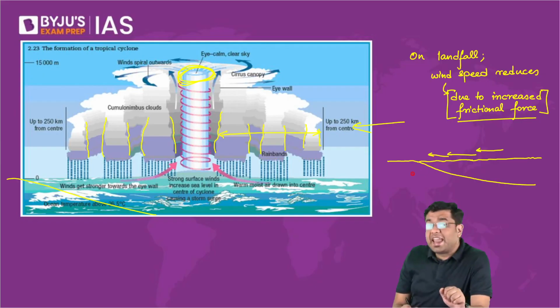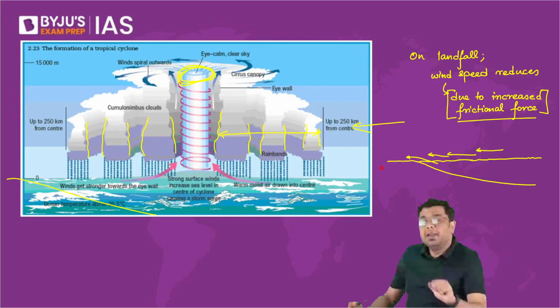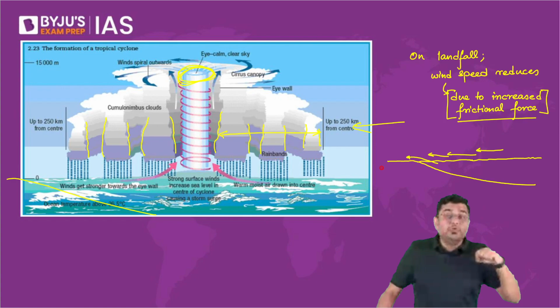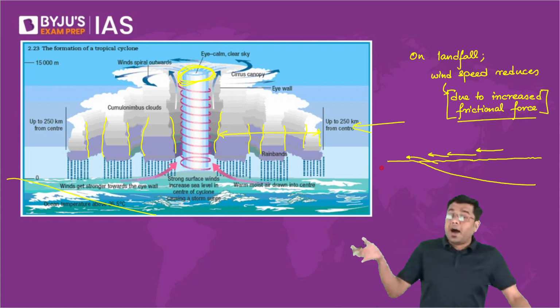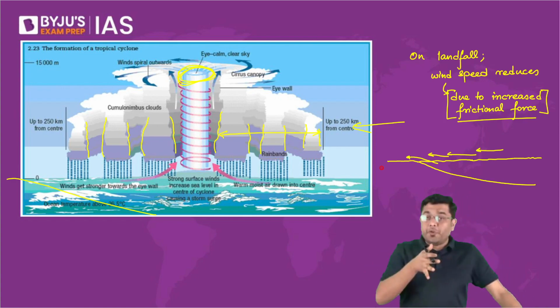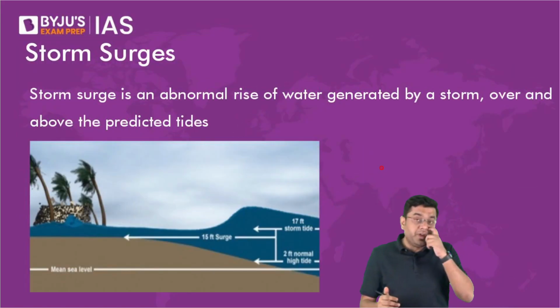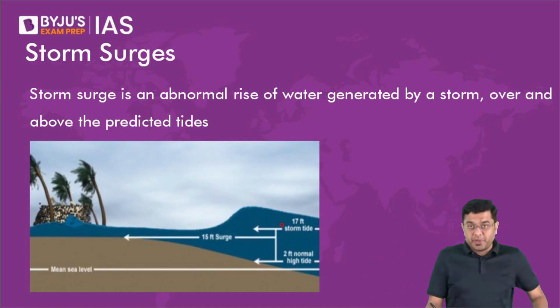Now, in this case, can we say that the wind will end up pulling this water, flooding the landmass? We can say that, right? Because when the wind speed is very high, it will have a dragging effect on the water as well. Due to that, it creates a high amount of surge in water in the coastal areas, leading to coastal flooding. That is what we refer to as a storm surge.